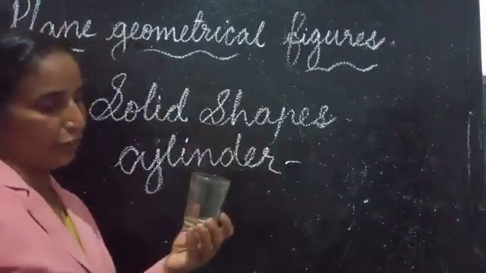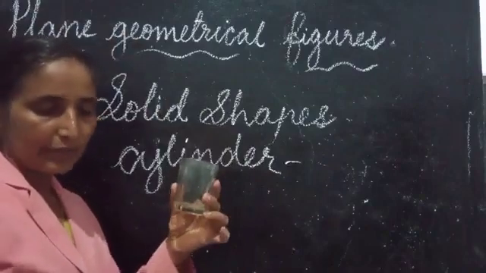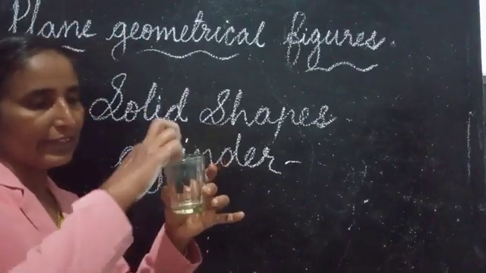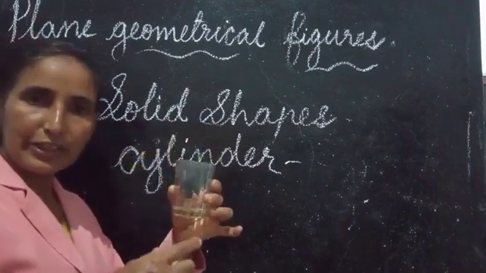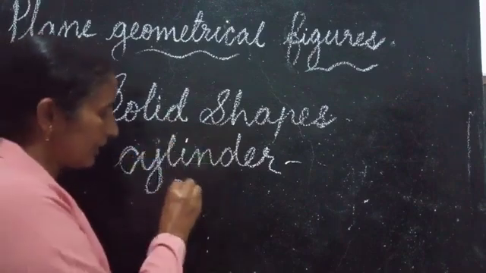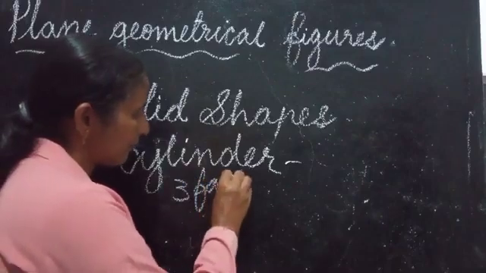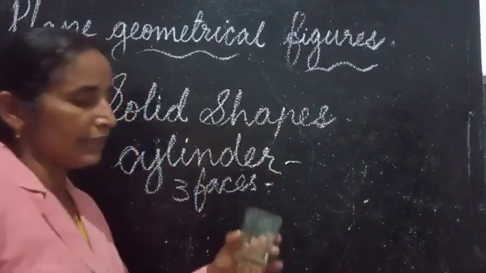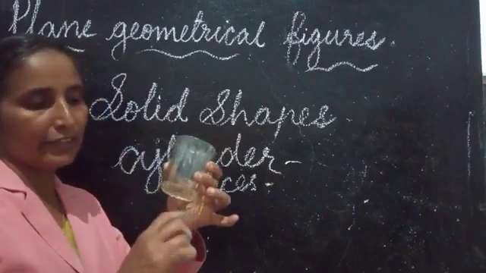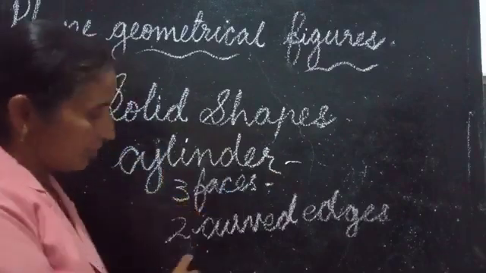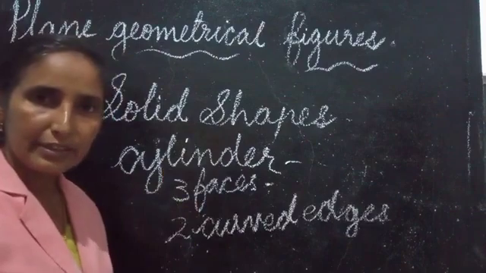This is an example of a cylinder, and it has here one face, here one face, here one face. So it has 3 faces. How many faces? 3 faces. How many edges do you know? Here one curved edge, here one curved edge. Two curved edges.